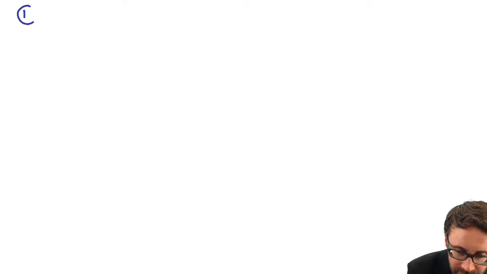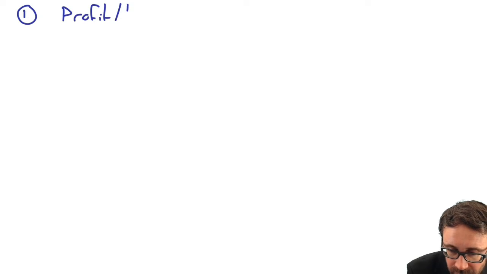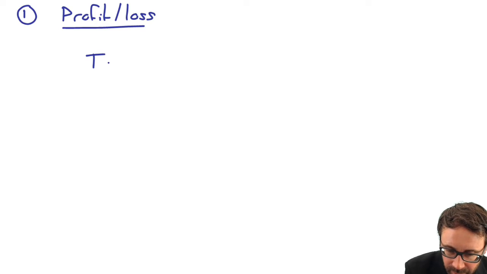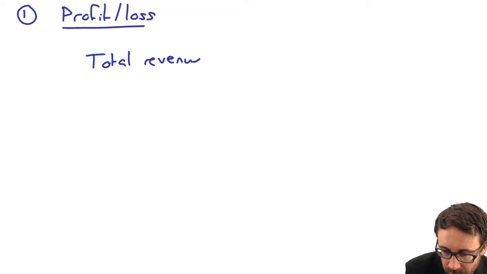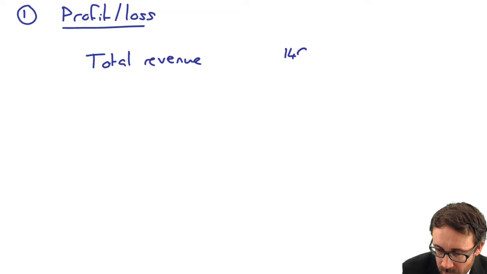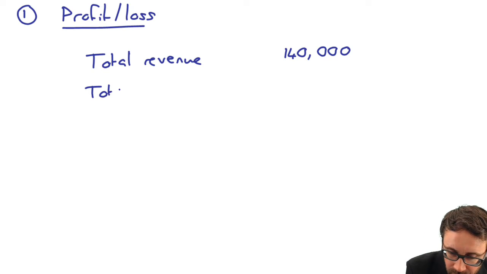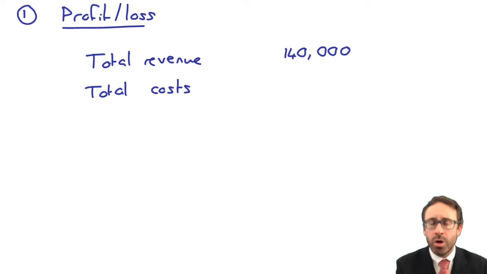So remember, you've got your 4 steps. So step 1 is to work out the total profit or the total loss. So what you've got there, we need to look at the total revenue, which in this instance was the 140,000, and then we need to deduct the total costs.